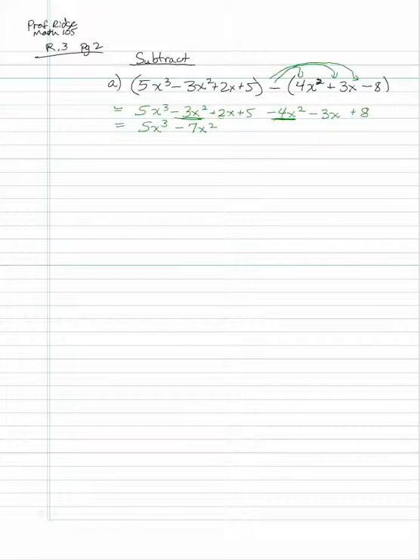Then I have 2x and negative 3x, so that's negative 1x, or just negative x. And then the constants, 5 and the positive 8, so plus 13. If you get in the habit of doing descending order, you're not going to miss anything, and you're less likely to make mistakes.